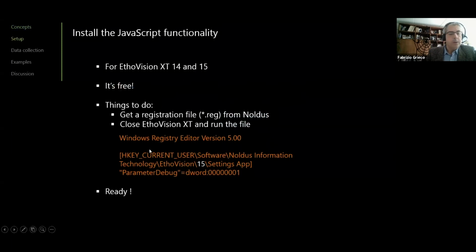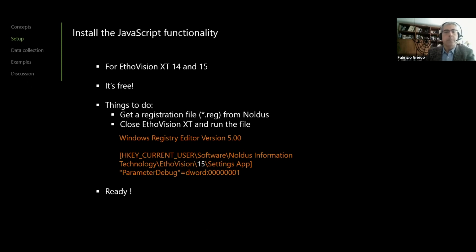So after that, how do we install this magic in EthoVision? You don't need any extra editor. You can use this for EthoVision XT 14 and 15, so the latest versions. It's free. And so all you have to do is to get this registration file that we also made available on the chat in this webinar.